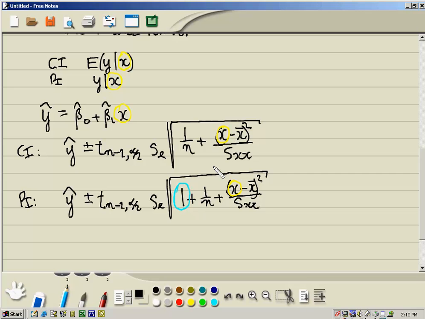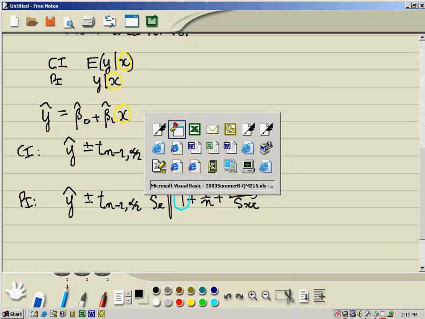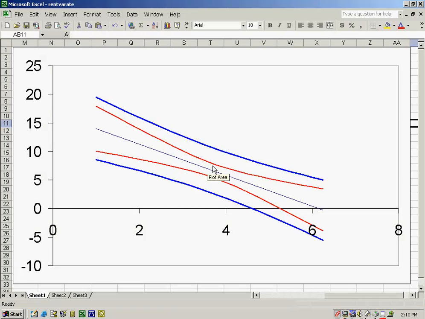To give you an idea of what these confidence intervals and prediction intervals look like, let's go to this diagram here. The red lines here will be the 95%, for instance, confidence intervals around the estimated regression line.